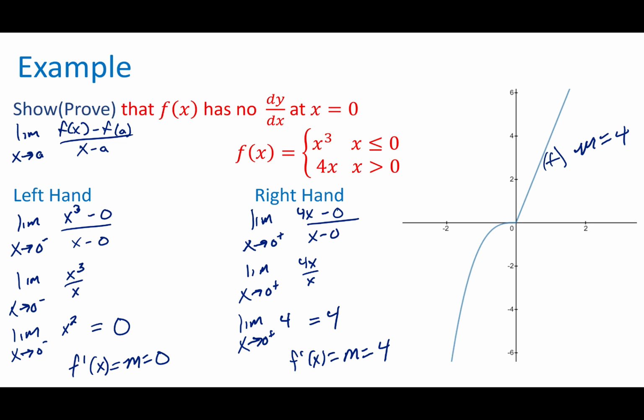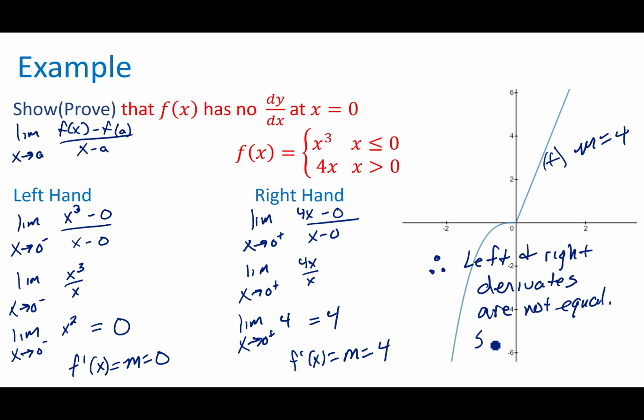All right, so then we can conclude, therefore, my left and right derivatives are not equal. So dy/dx does not exist at x equaling 0.